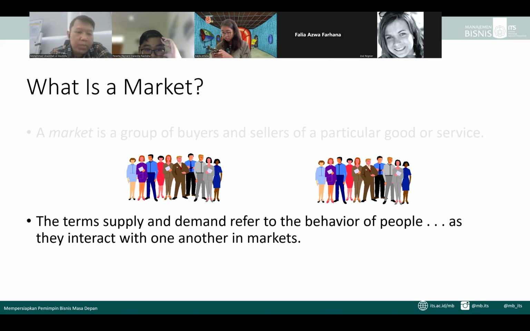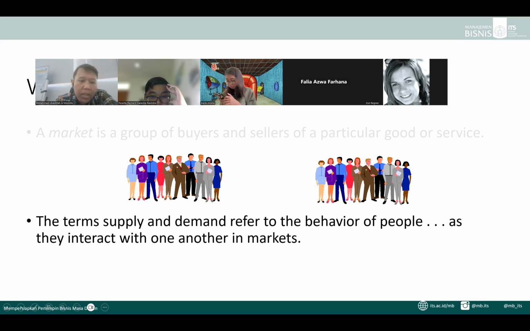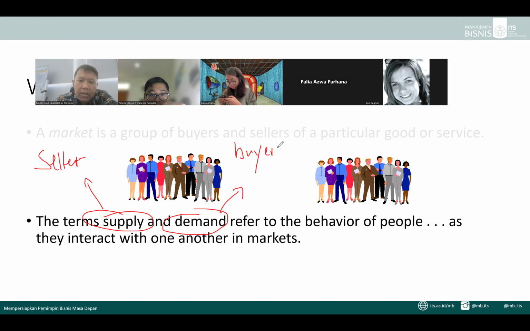So the terms supply and demand refer to the behavior of the people in the market. This is the interaction between one another in a market. So when I say supply, I am usually talking about sellers, okay? And when I say demand, I usually speak about buyers, okay?